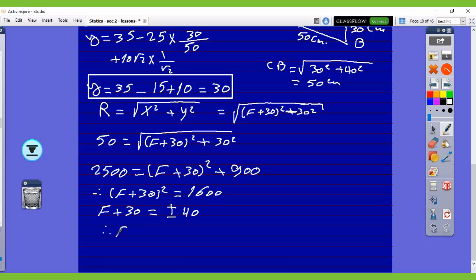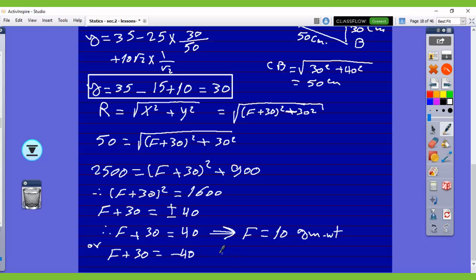So F plus 30 equals 40. It means F equals 10 gram weight, or the other solution, F plus 30 equals negative 40. It means F equals negative 70, and this solution is refused.